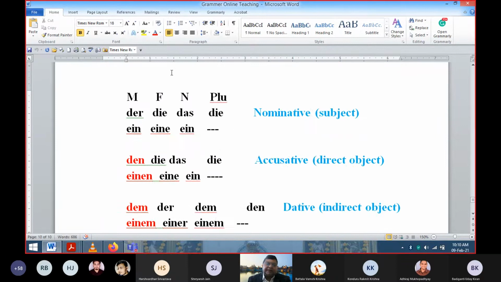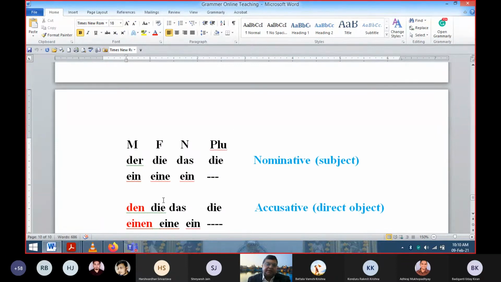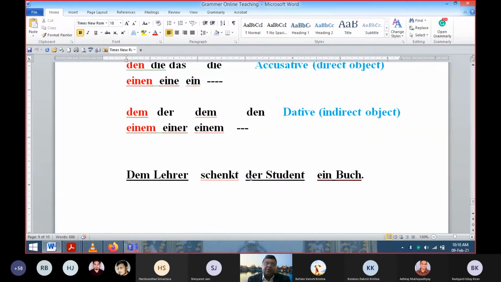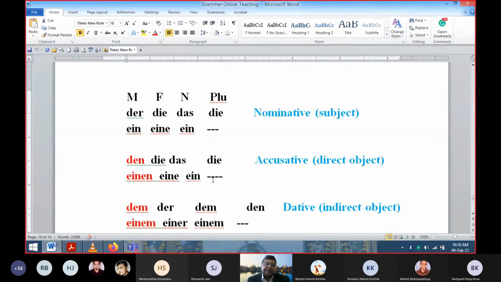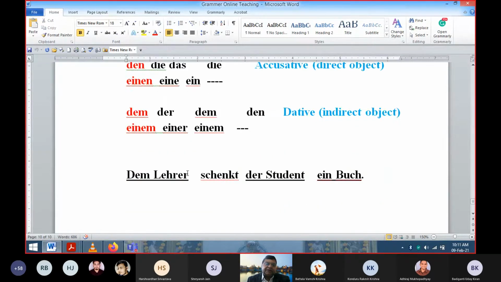So you select an article form from the subject group. Then what? That is the direct object, a book. For this, you select an appropriate article form from the direct object group. Whom? To the teacher. So this is the indirect object or dative. You put an appropriate article here.